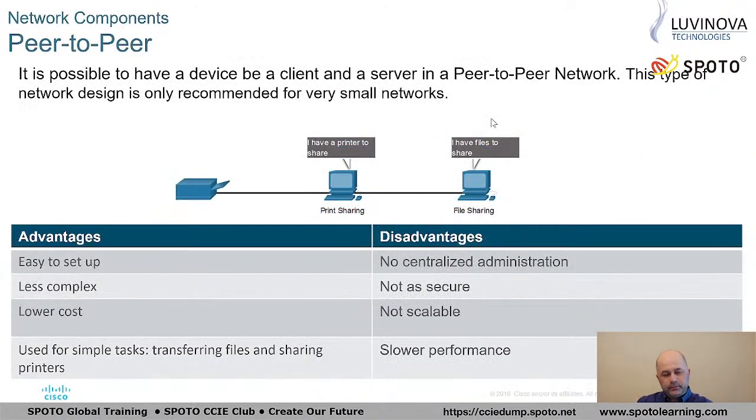Peer-to-peer role. Still we are on the topic of network components. In the peer-to-peer role, it is possible for a device to be both a client and a server. Peer-to-peer communication is not centralized and not secure, because every single computer takes care of its own security and its own administration.